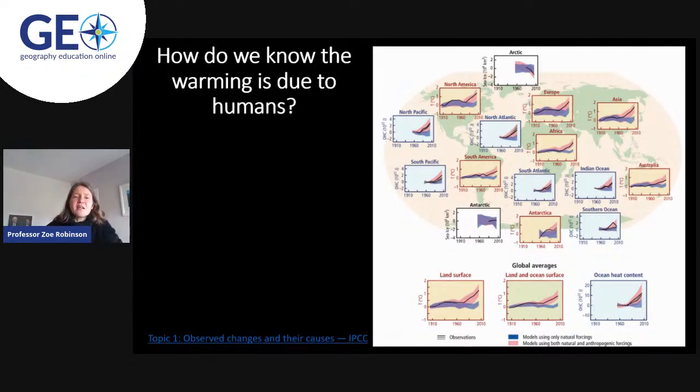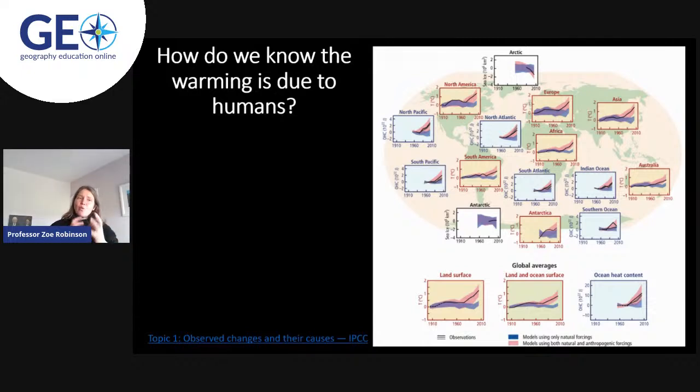And then the pink shading and the blue shading are the results of computer models. So climate modelers take all of the information that we have about the climate system, we create computer models, we run those computer models.